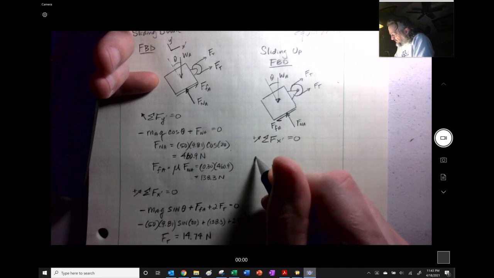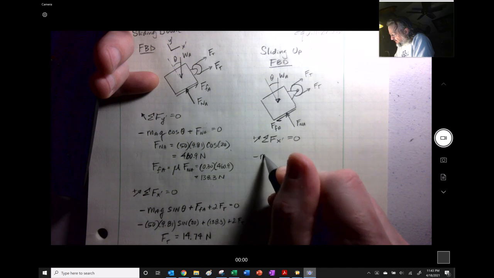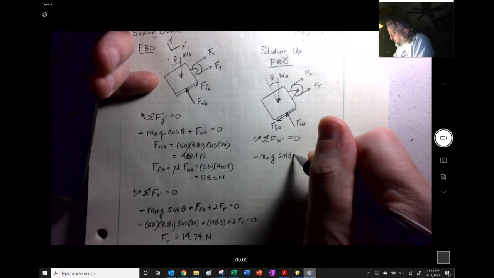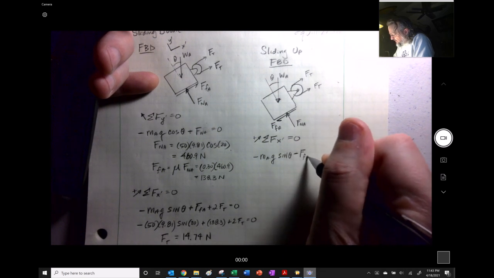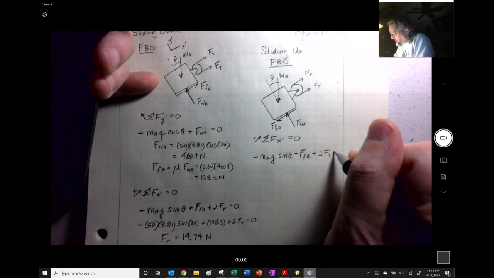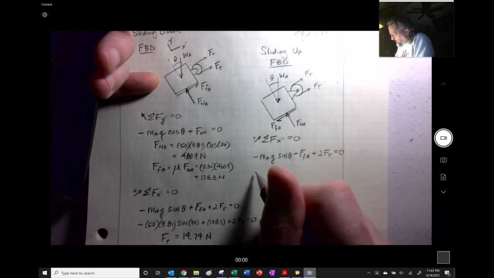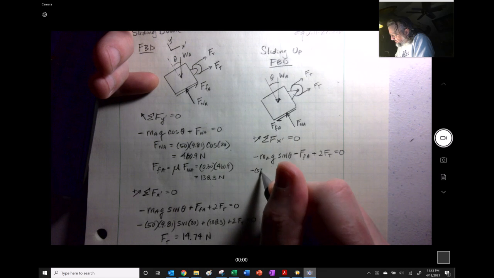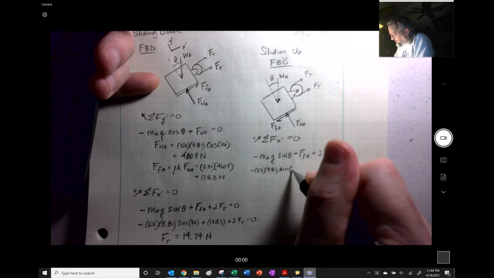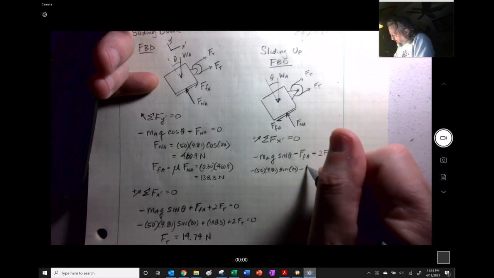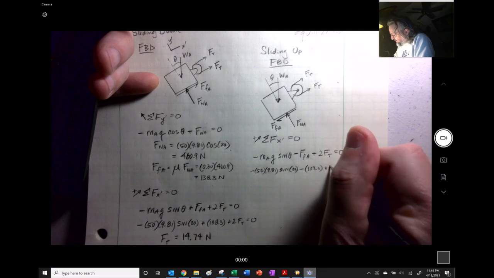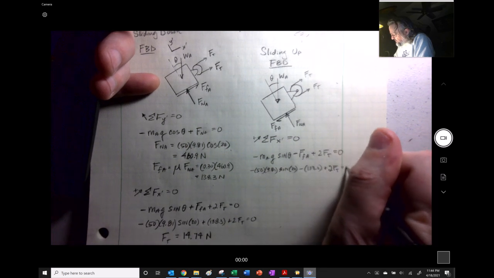So we're going to have a negative mg sine of theta, but now minus FfA plus 2FT equals 0. So now we have minus 50 times 9.81 sine of 20, minus 138.3, and then plus 2FT equals 0.